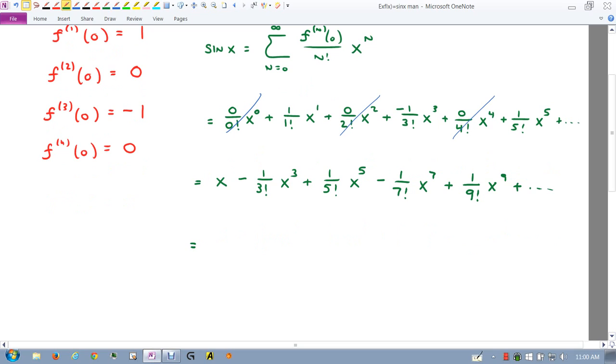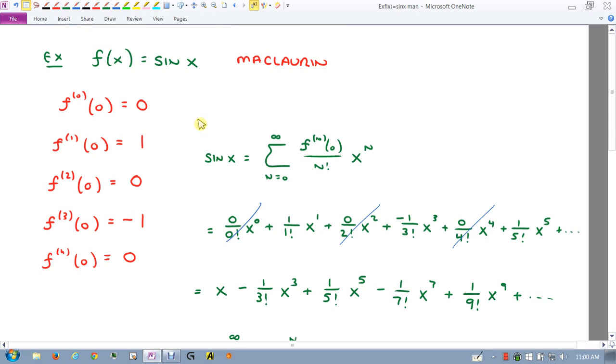So let's write this in its format. Sum from n equals 0 to infinity. We need an alternating series starting with positives. So negative 1 to the, in this case, n plus 1, because we want the first one to be positive, don't we? Wait, hold on. No, just n. What was our last one? Hold on.